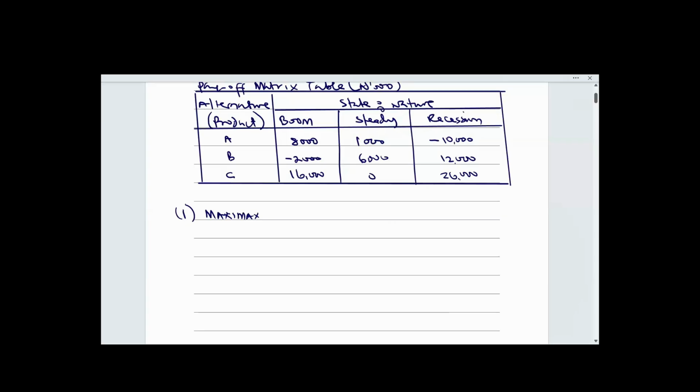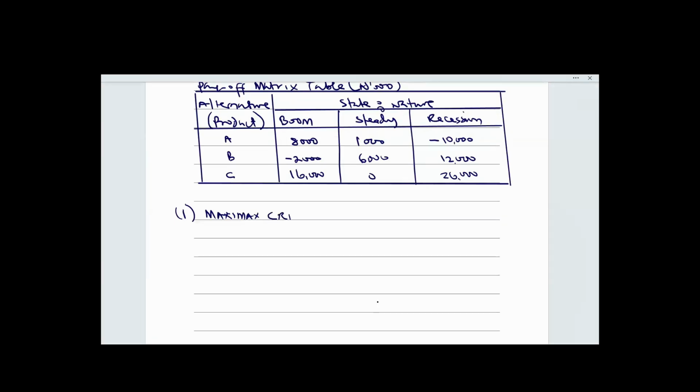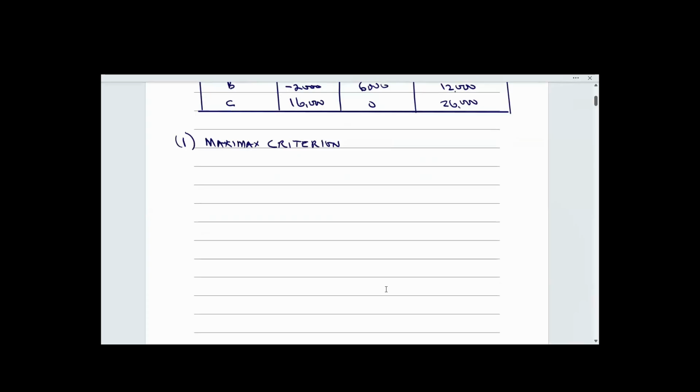So criterion. So what do you do? Under Maximax criterion, the most important thing you need to do is to select the highest value in each row. Then to make a decision, you select the maximum of the maximum value. And we said that the Maximax criterion is mostly preferred by an optimistic decision maker.